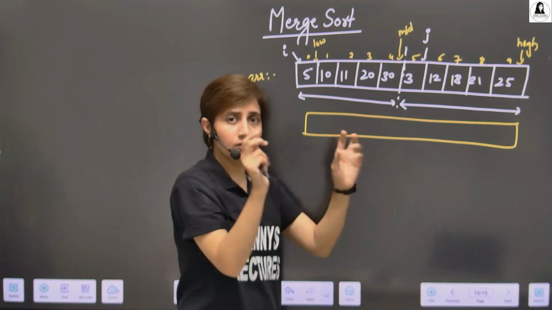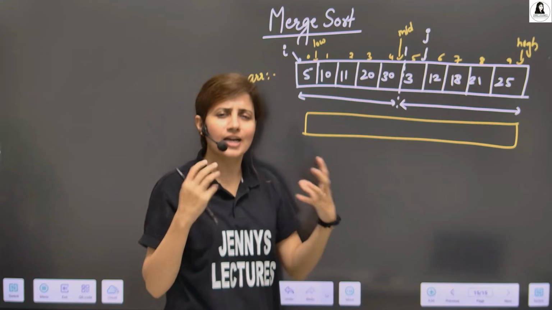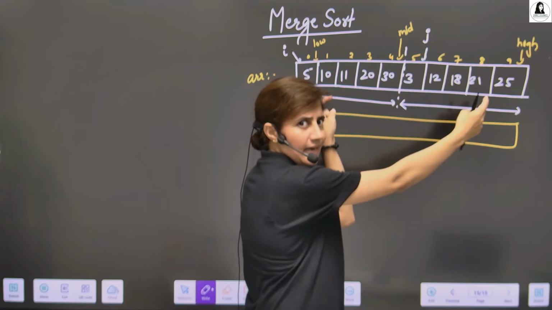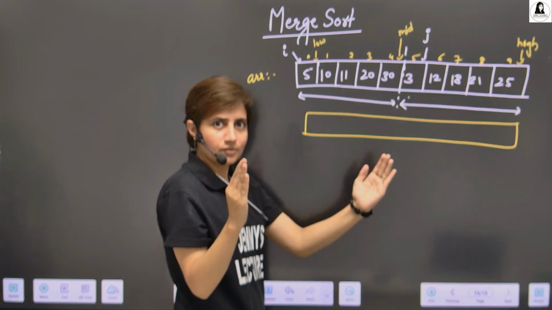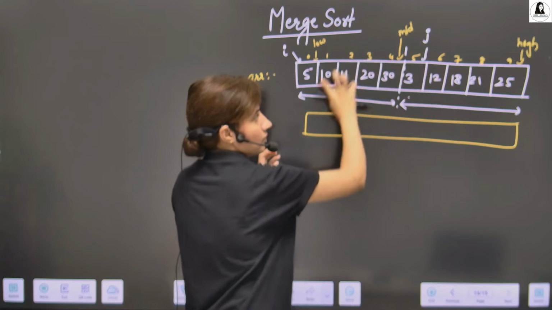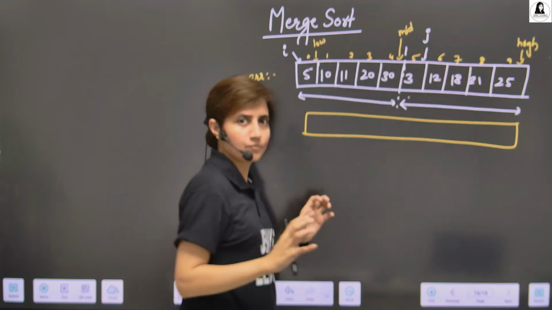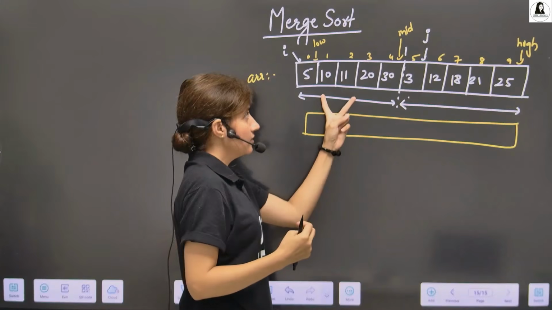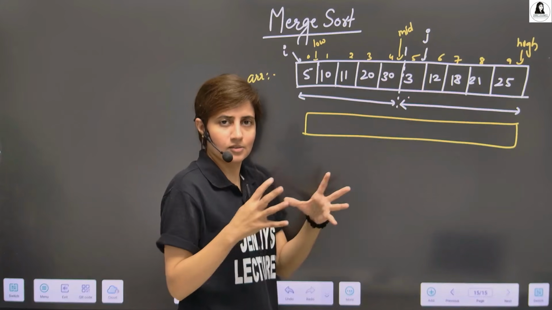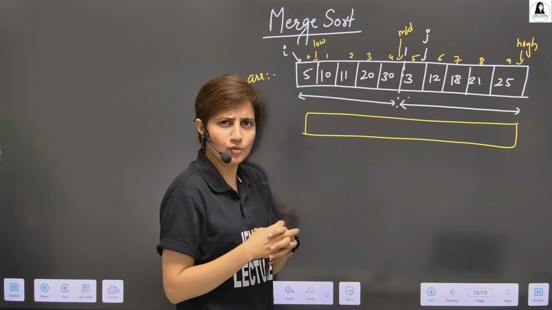Hypothetically these are two lists, but actually these are within a single array. I'm considering this is the first sorted part, this is the second sorted part, half and half. Now I have to sort this complete array. I know this half is sorted, this half is sorted, so I can consider this a separate list, this a separate list, and I can just merge these two lists.